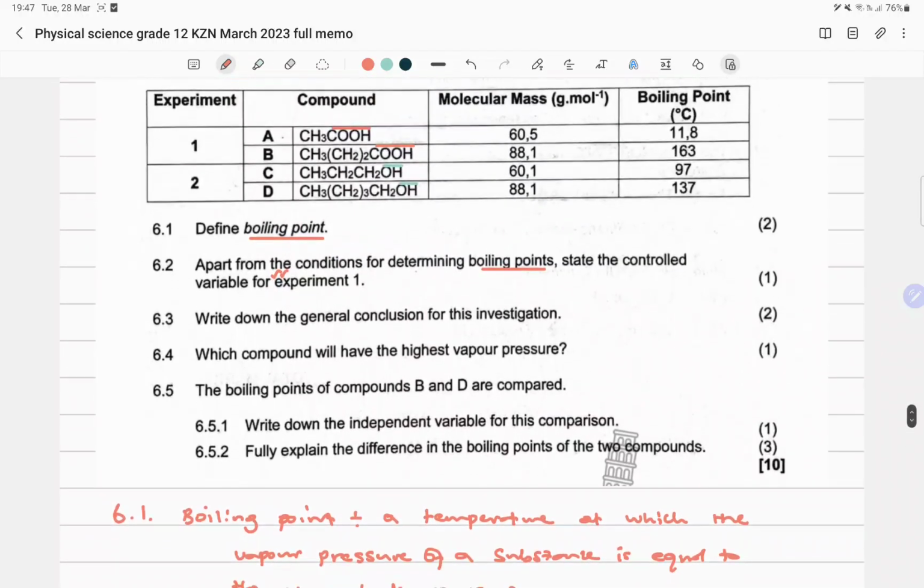6.3. Now we're told to write down the general conclusion of this investigation. General conclusion. We can say here, the higher the molecular mass, the greater is the boiling point. Okay? Or the longer is the chain length, the greater is the boiling point.